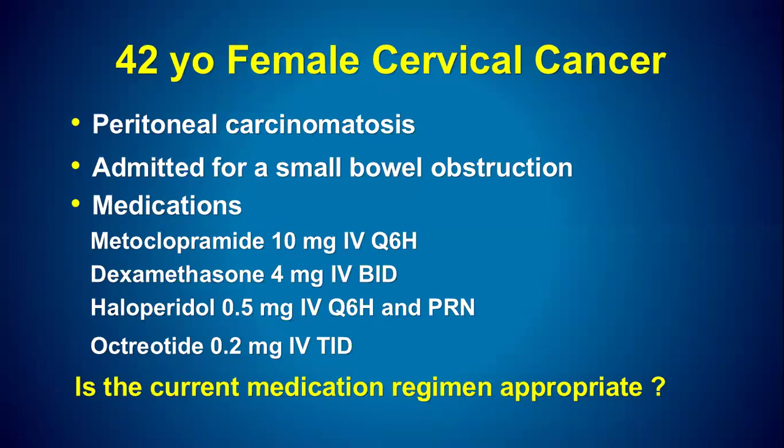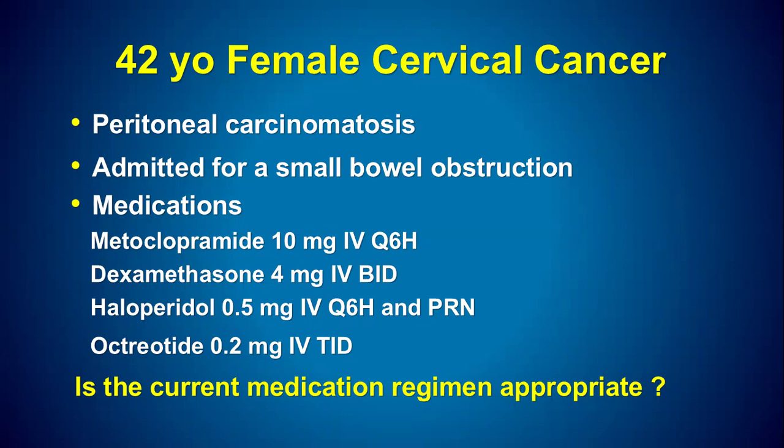So coming to a case again, it's a 42-year-old female with cervical cancer. She has peritoneal carcinomatosis, admitted with small bowel obstruction. She is given metoclopramide, dexamethasone, haloperidol, and octreotide.